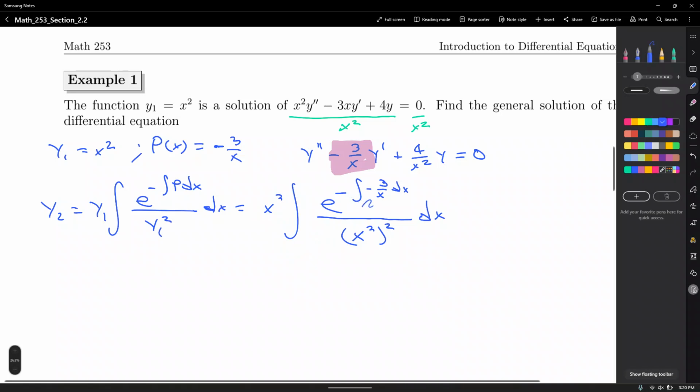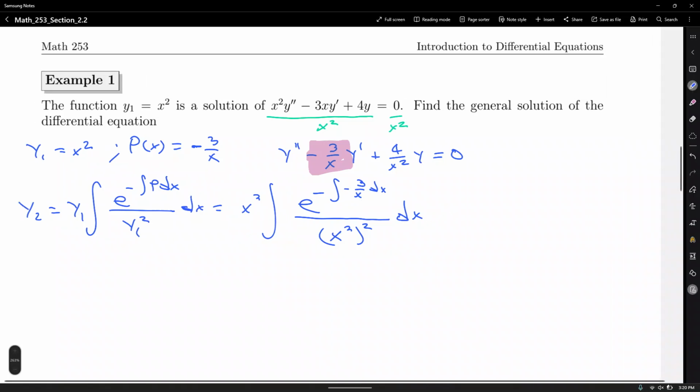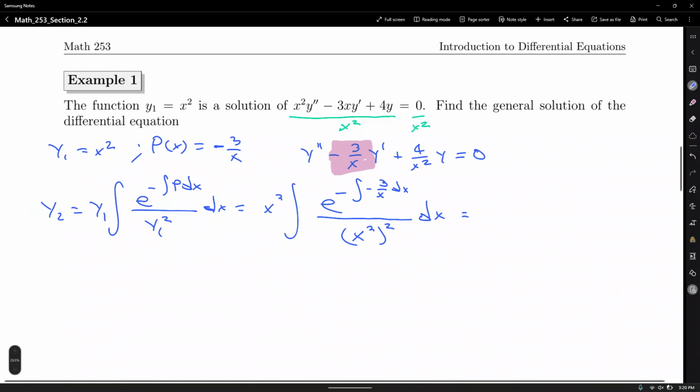So what do we do? Minus minus equals plus. It equals x squared times the integral of e to the integral of positive 3 over x dx, everything divided by x to the fourth dx, right?